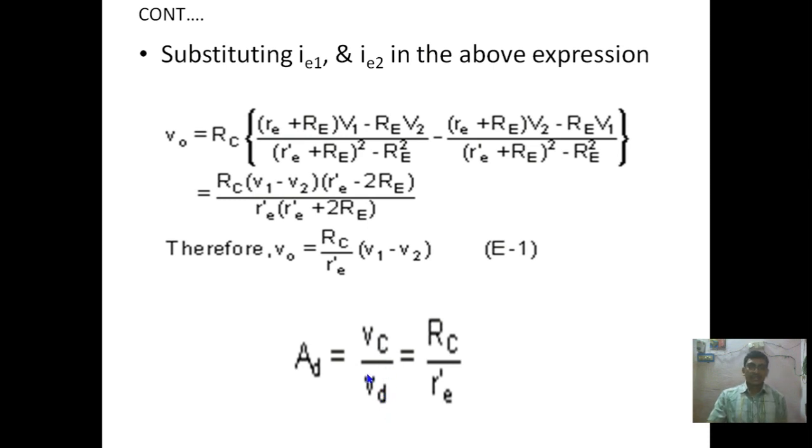Therefore, the differential gain Ad is the output voltage divided by the input voltage. Ad is equal to V naught divided by Vd, which is equal to Rc by Re dash. This is the equation for differential gain of our differential amplifier.